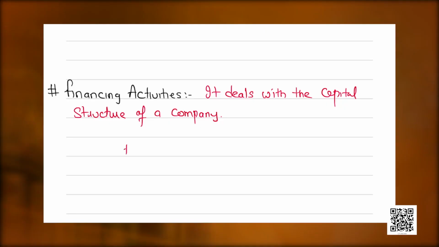If you borrow money from the market, that is borrowed fund. So this financing activity is covering the same. If you issue share capital, money flows in, and if we redeem share capital, money goes out. It's an outflow.